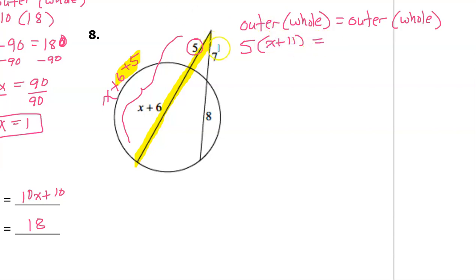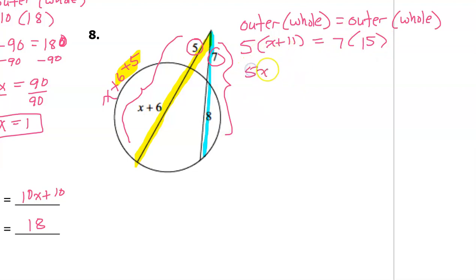Now let's look at the blue secant line. Outer times whole. The outer part is the 7, and the whole is 15. 7 plus 8. Distributive property.